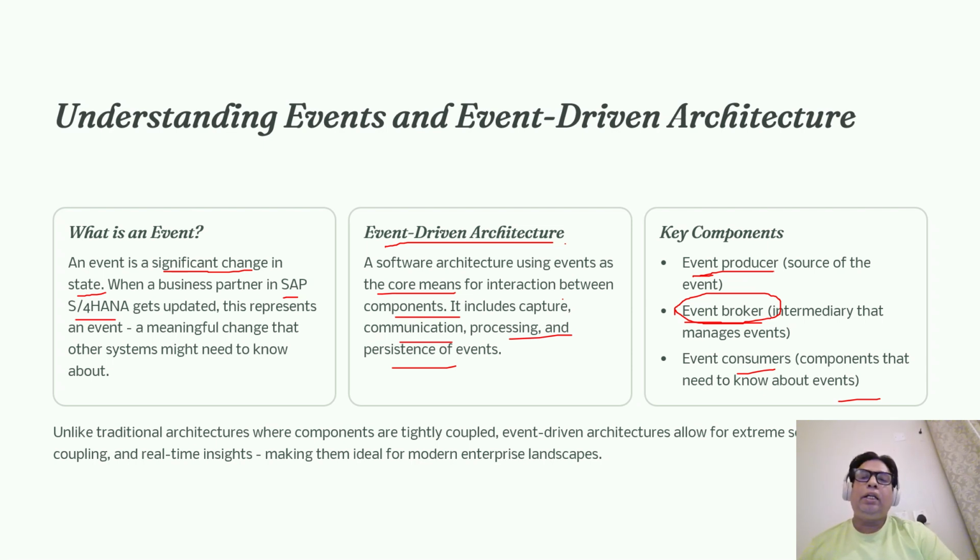These events are loosely coupled actually, in the sense that there are no deviations. Suppose the event is triggered and subscribed, it will be sent to the particular consumer, so there will be no deviation. And the decoupling and real-time insights will be available across the entire architectural approach.